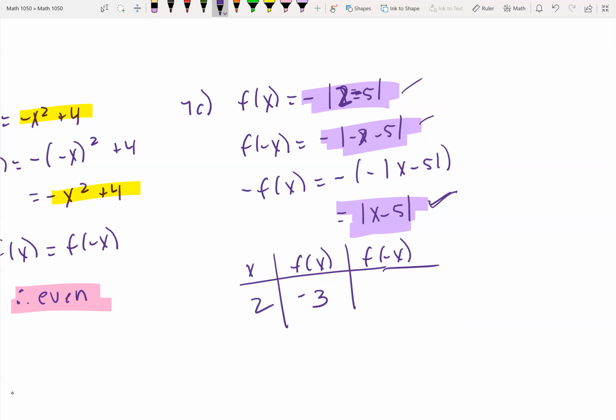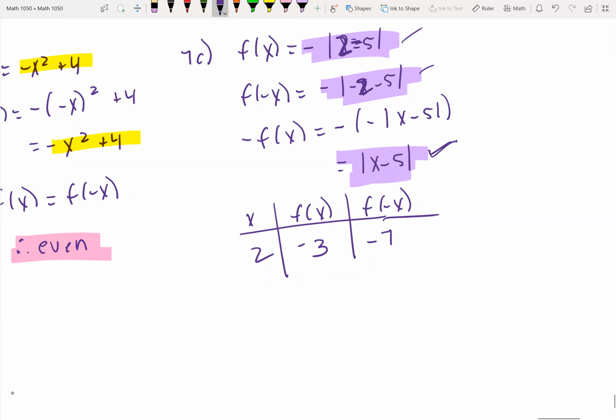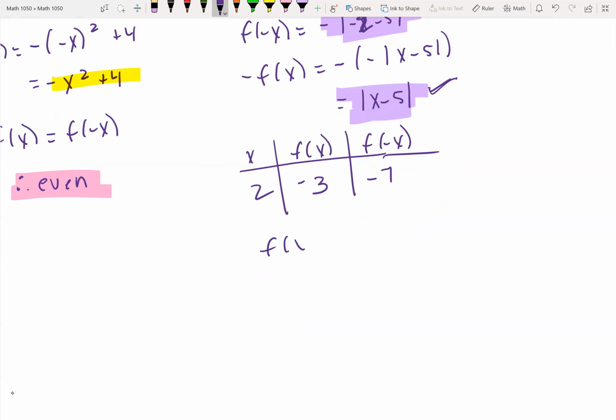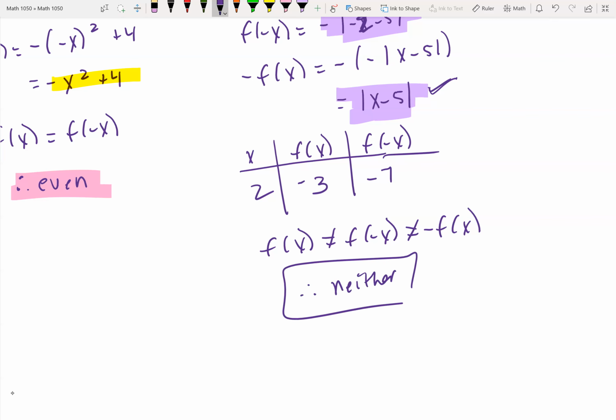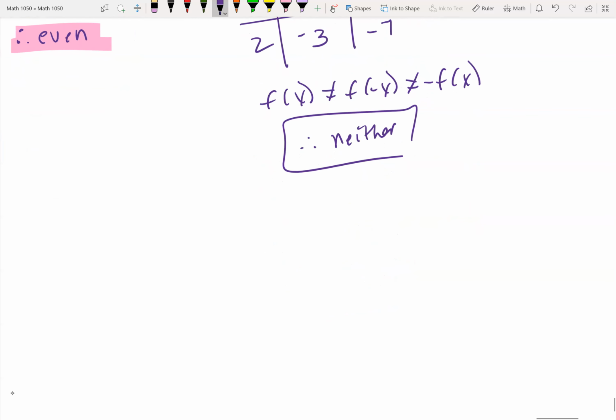Right here, that'd be negative 2 minus 5. That's negative 7. Absolute value of negative 7 is 7, but there's a negative in front of it. So now I know that f of x is not equal to f of negative x, which is not equal to negative f of x. Therefore, the answer is neither, and that's what I box or highlight. Okay, question 8.